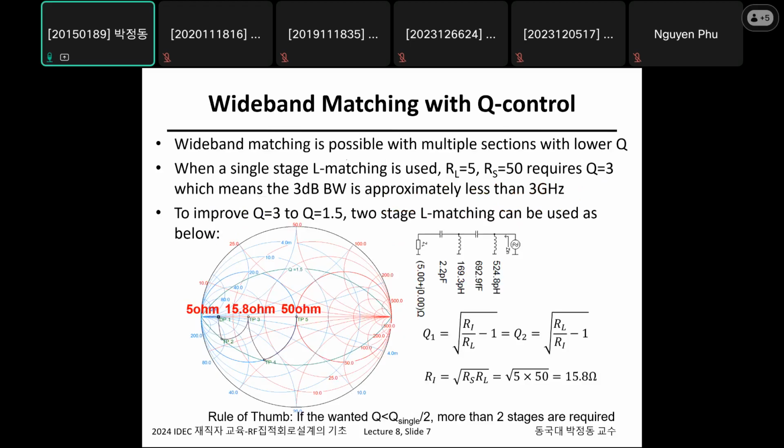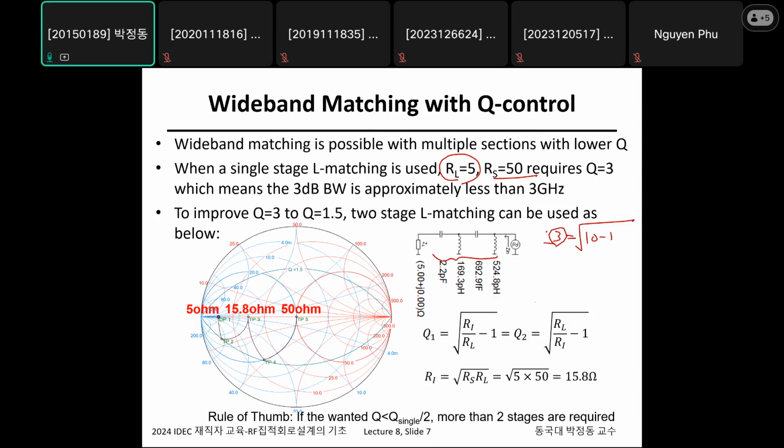Okay. So this is a design example. Let's say RL is 5, RS is 50. Let's say you just want to design a power amplifier. Of course, if you use such a complex design, then total loss must be a little bit degraded, right? But anyway, more importantly, we are concerned with the bandwidth, so let's design. Here, the desired ratio is 10, and 10 minus 1 square root is 3. A quality factor of 3 is required.